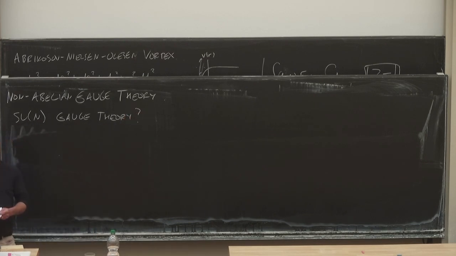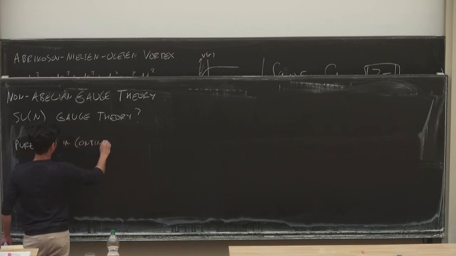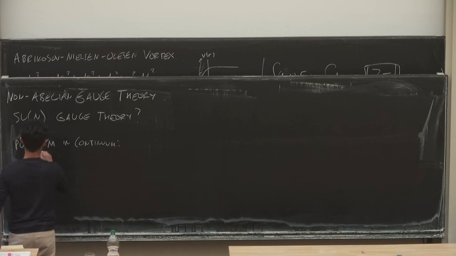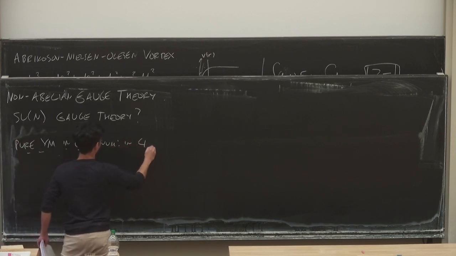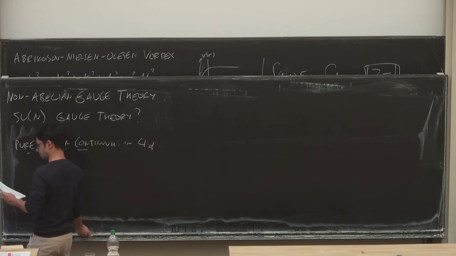Right? So we're going to start with pure SU(N) gauge theory. So pure SU(N) Yang-Mills in the continuum. You'll see why I'm saying that in a second. And again, let's do 4 dimensions. This is the physically relevant case in 4 Euclidean dimensions.